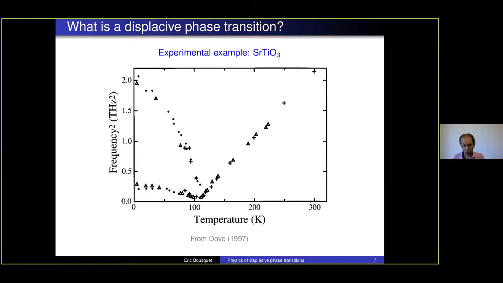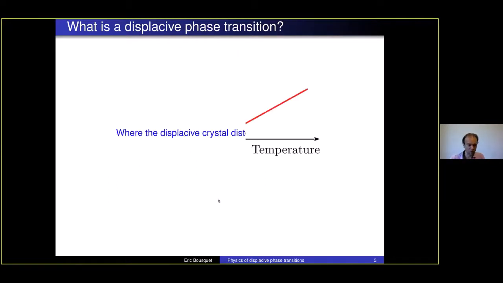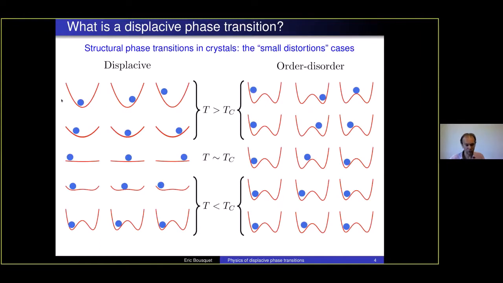And basically, what is happening is why I like this picture here. At high temperature, you have an oscillation in the single well, so you have one mode, and this oscillation is going to be smoother and smoother. The frequency is going to be smaller and smaller, and below the critical temperature you oscillate in one of the minima of the double well, and the phonon frequency is going to be different.